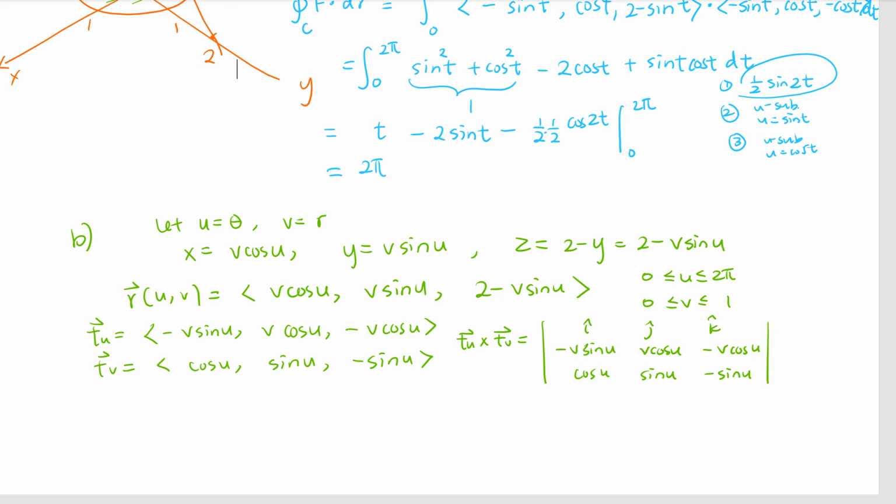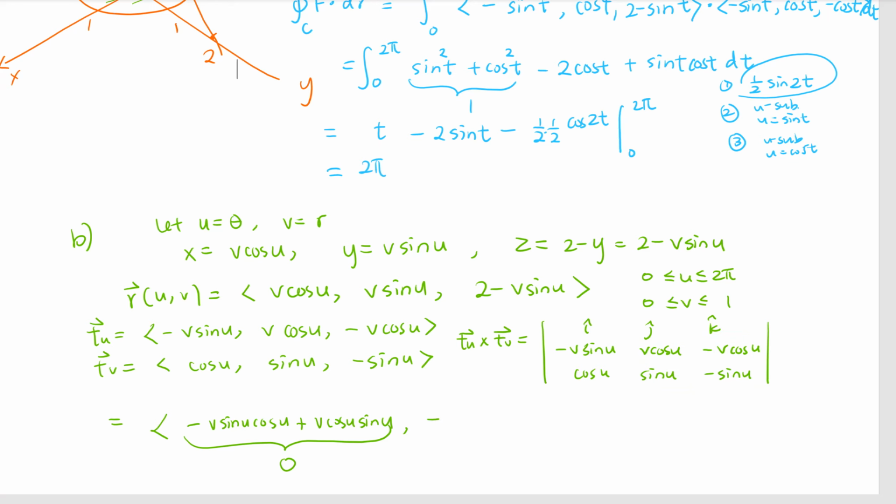Okay, let's look at the first component. Determinant of this: minus v sine u cosine u minus negative becomes plus v cosine u sine u. Wait a minute, are they the same? Oh, they're the same. So it's 0. Yay. Okay. Next.